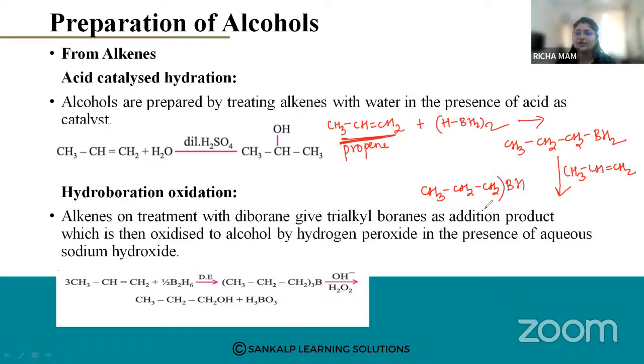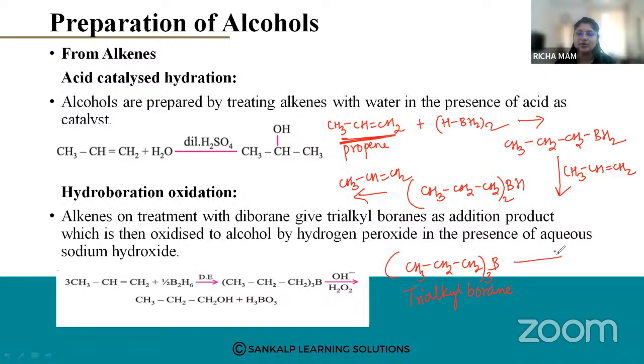One of the hydrogens is replaced, so it will be 2 molecules. Further, there is one more hydrogen, so again I treat it with propene. Now I get CH3, CH2, CH2, thrice B. What I got is a trialkyl borane.